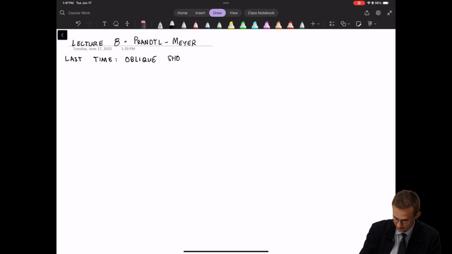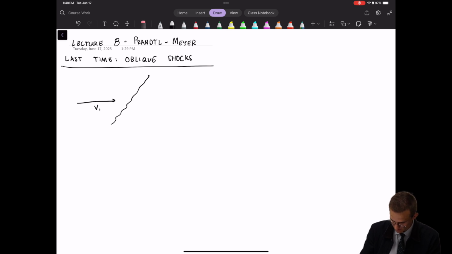We discussed oblique shocks in detail, and the diagram you want to keep in mind really is that you have some V1 coming in. This is the oblique shock at a shock angle theta, and then you have some parallel component as well as a perpendicular component, so V perp 1. And then you have V parallel.